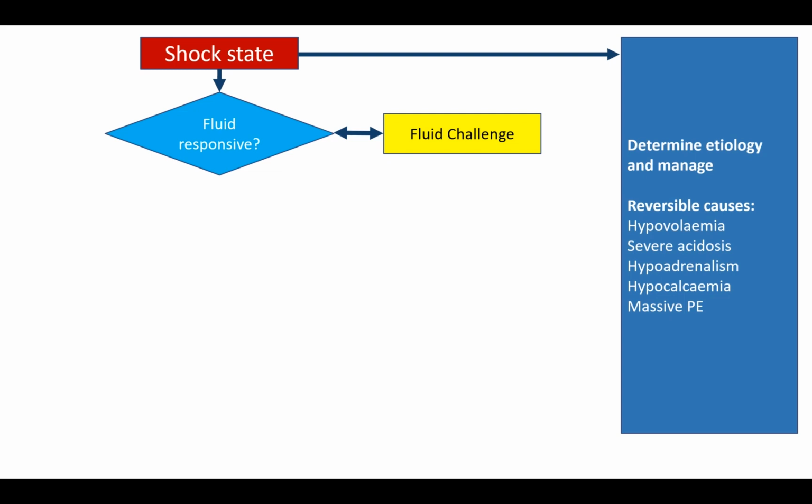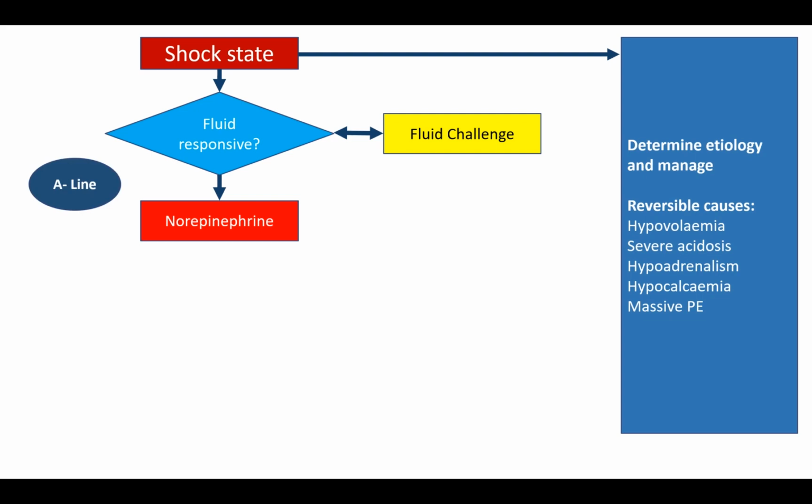If the patient is not fluid responsive, then you start the patient on norepinephrine, and at that time, most likely you would need an arterial line to monitor and a central line to infuse the norepinephrine through it.